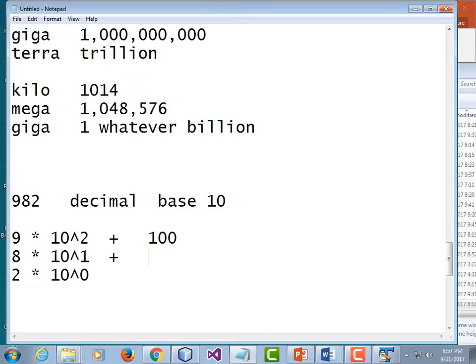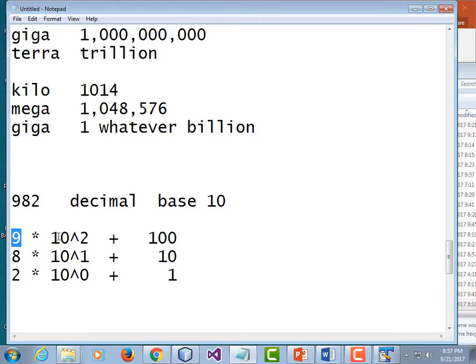Yeah, and what's 10 to the power of 1? It's 10. And 10 to the power of 0, well, that's a slightly stranger thing, but any number to the power of 0 is equal to 1, for a reason that I could get on the whiteboard and draw, but it's not really important. So this is the ones place, this is the tens place, and this is the hundreds place.